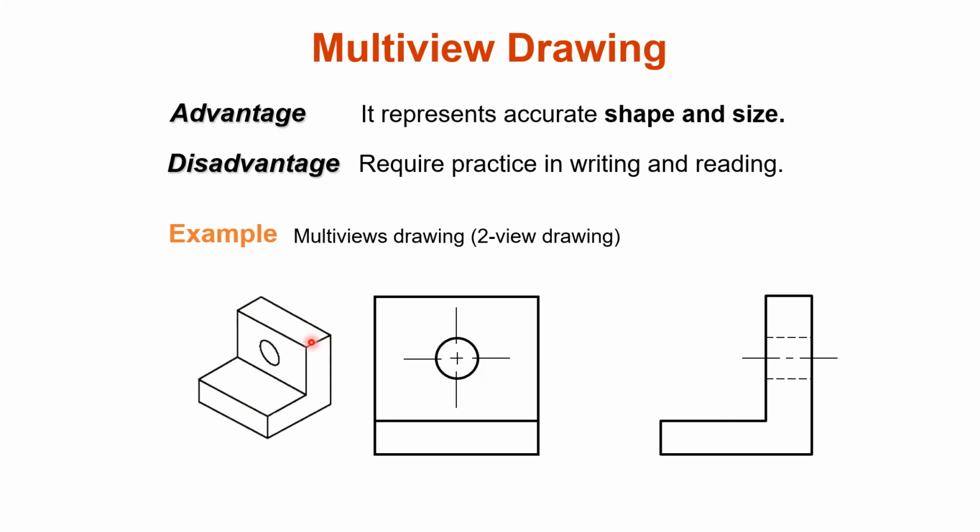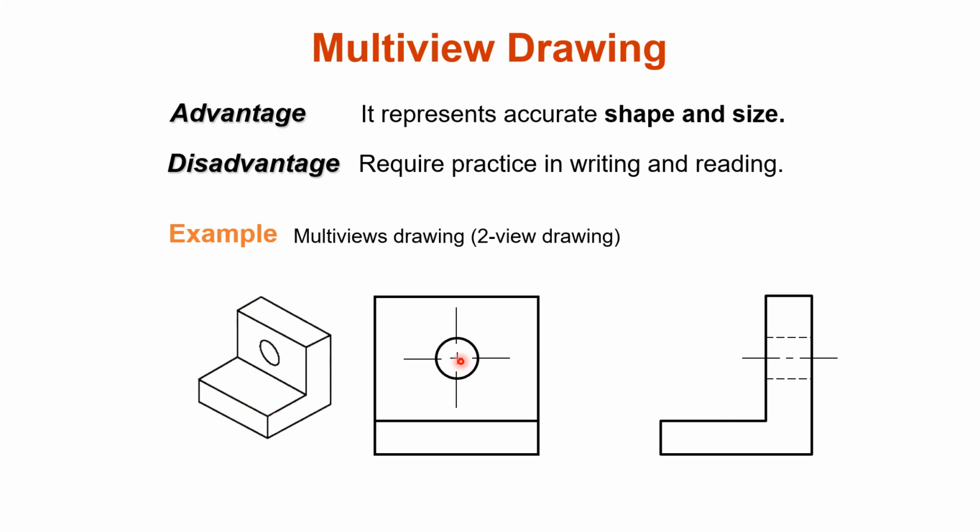And in the right side view, you can also measure the width of the object, and this is the height, and where the circle is present, the circle is shown with long dash, short dash, long dash. Similarly in the vertical, long dash, short dash, long dash. That is the notation for the center line of the circle.